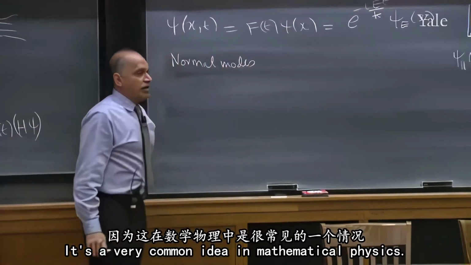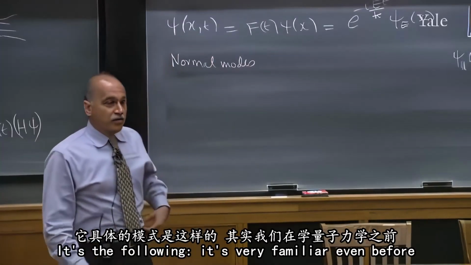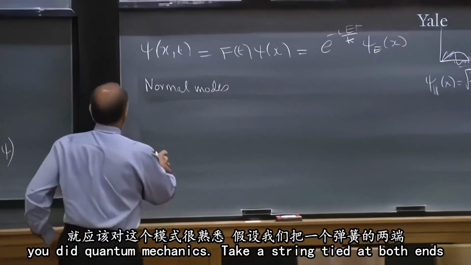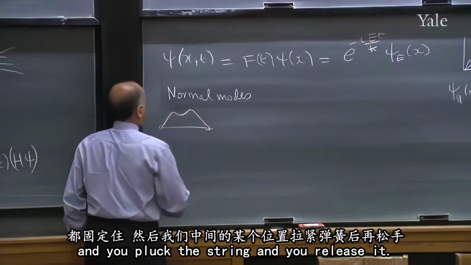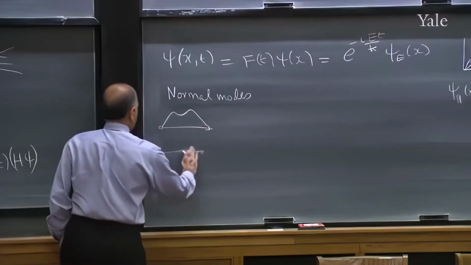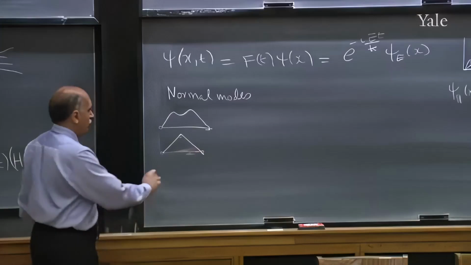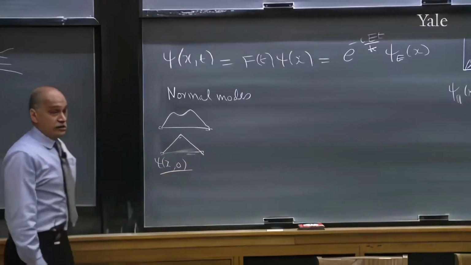It's a very common idea in mathematical physics. It's very familiar even before you did quantum mechanics. Take a string tied at both ends, and you pluck the string and you release it. Most probably, if you pluck it at one point, you'll probably pull it in the middle and let it go. That's the initial psi of x and t, this time for a string.